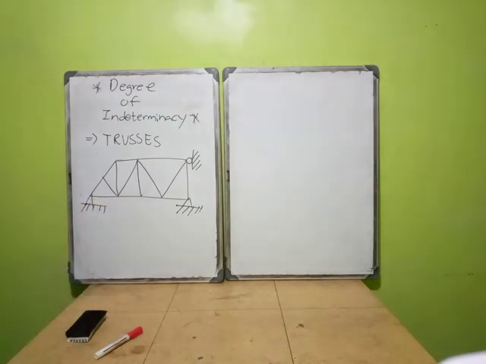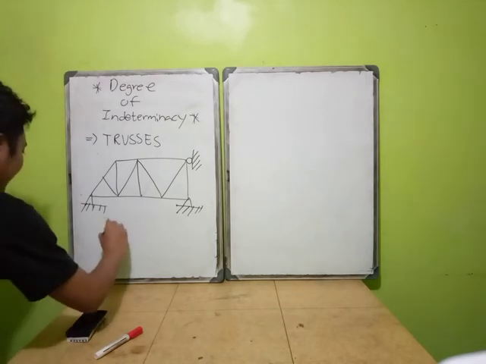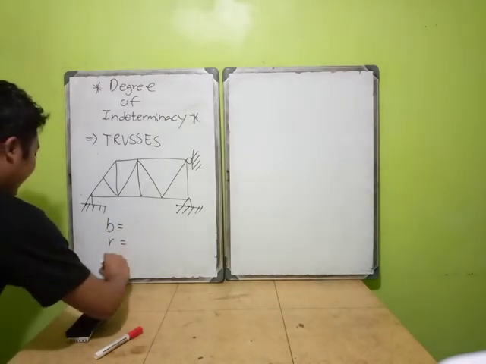So, ito. Okay? So, let's have this truss. Okay? So, ano yung B? Ano yung R? Ano yung J dito?